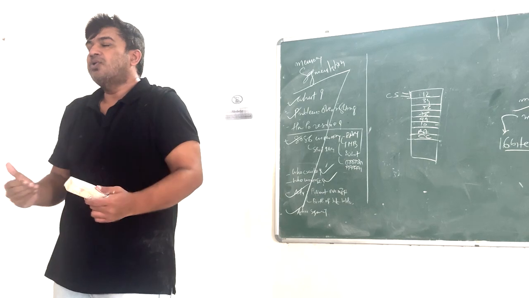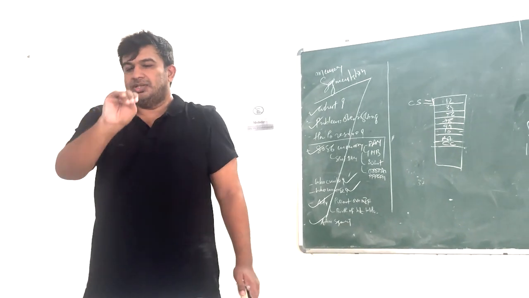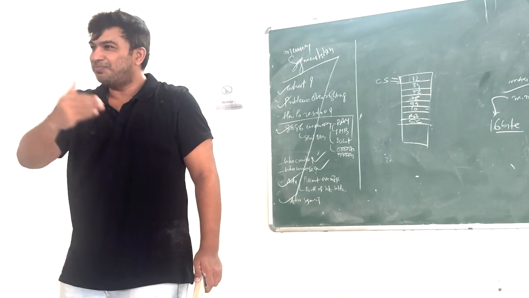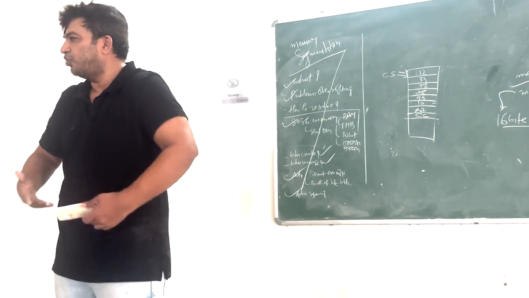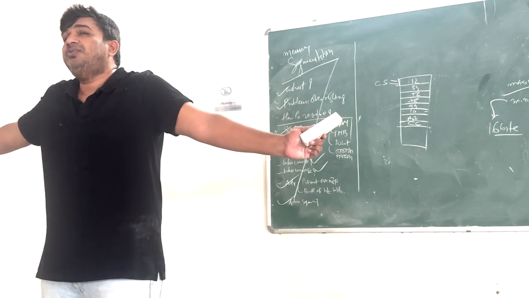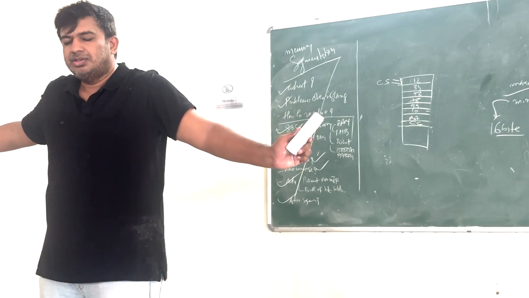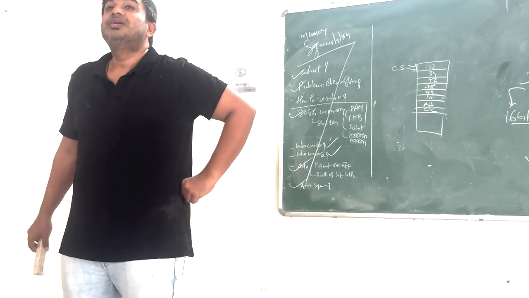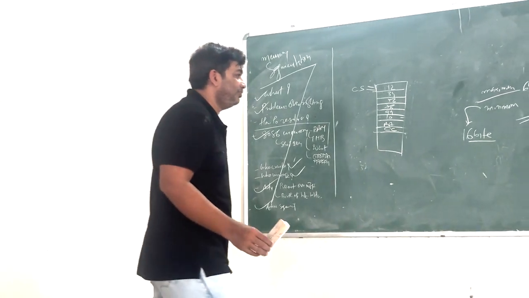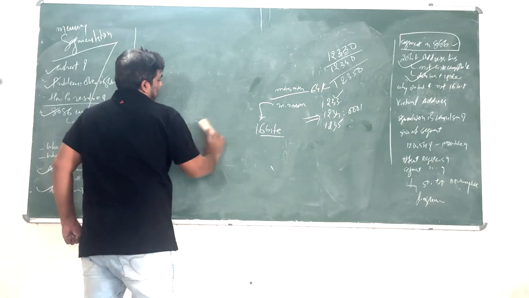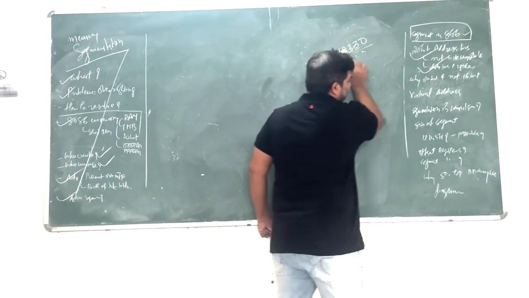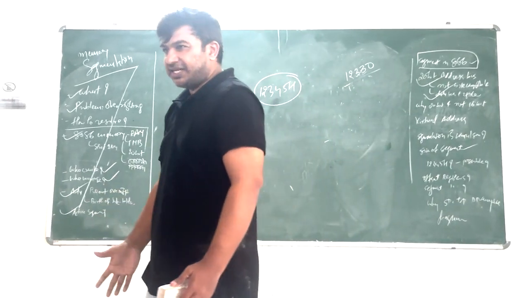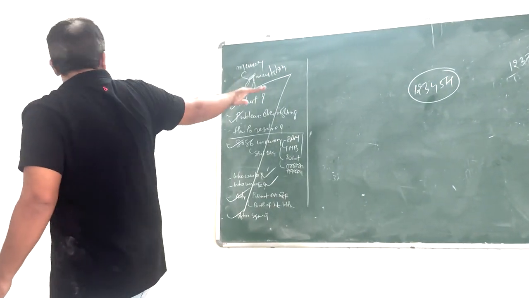How do we get the physical address out of this? Segment address multiplied by 10 plus offset address. That is your actual physical address. How many bits is the physical address? 20 bits. Now, is there any segment in 8086 which can start on a location ending in 5?